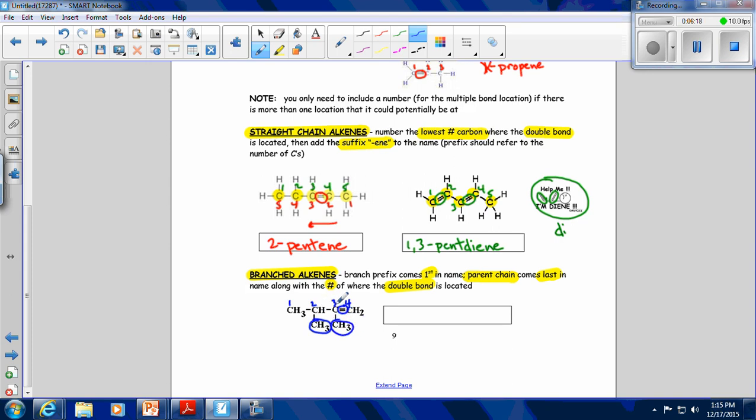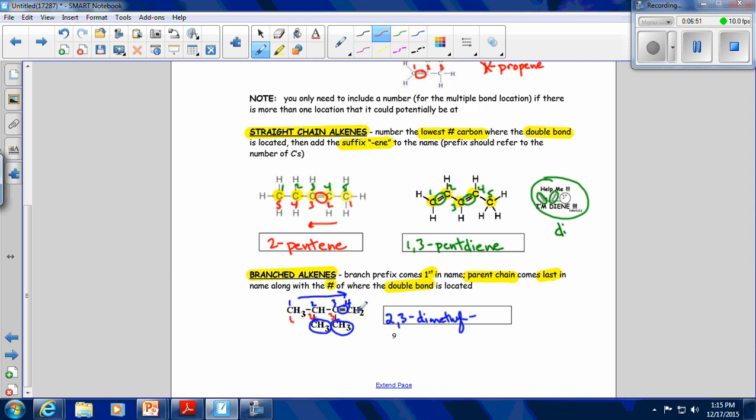So the first thing we do is identify where those branches are. So we've got 2, 3. We have 2 methyl groups, so dimethyl. And then finally we locate where the double bond is. The double bond here is located at number 4 if we went in this direction. So we want to flip-flop our numbers here and number this way.